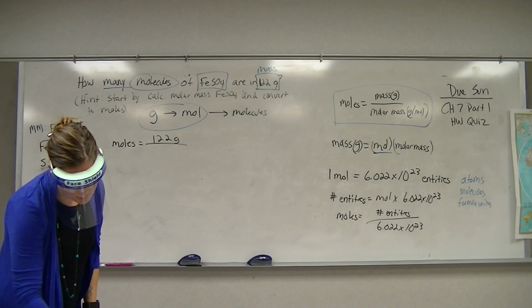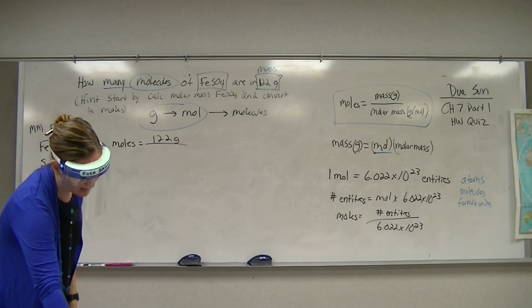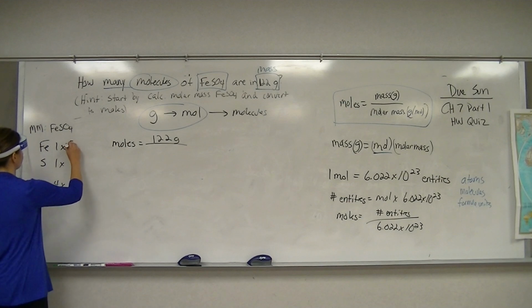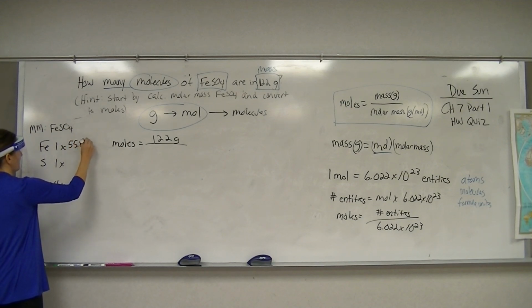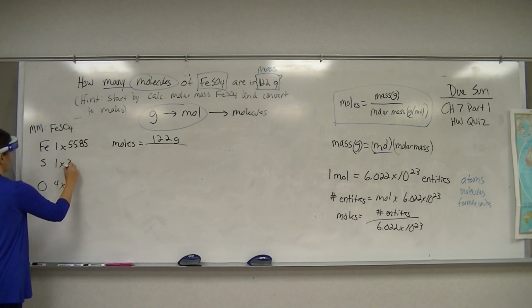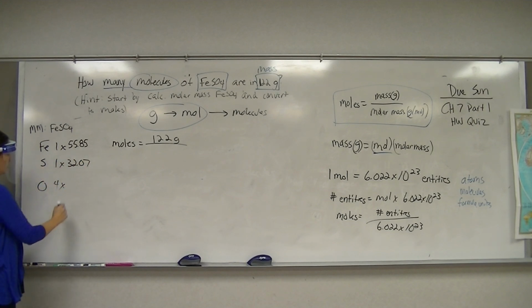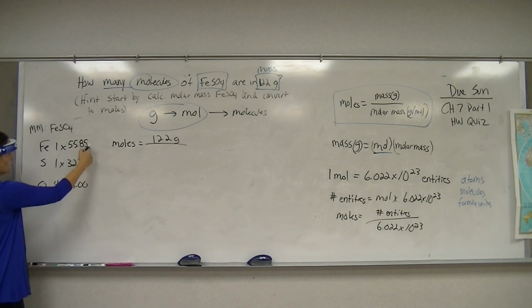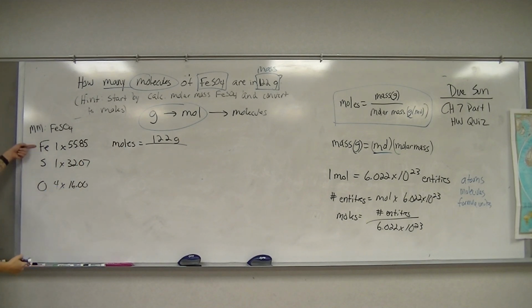It's number 26, but its mass is 55.85. Sulfur, I looked that up a minute ago, 32.07, and oxygen is 16. So these numbers were all finding the chemical symbol on the periodic table and coming up with the mass. So multiply across and then add all of these values together.